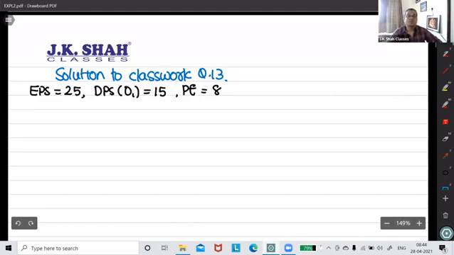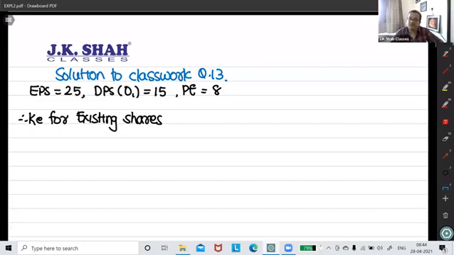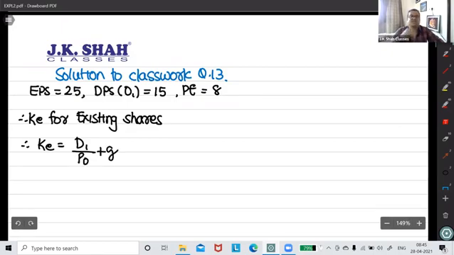Okay, so first we'll do KE for existing shares. Therefore, KE is equal to D1 upon P0 plus g. See guys, what you can easily fill in is only D1. The rest of the things you have to work out a little, not too much.